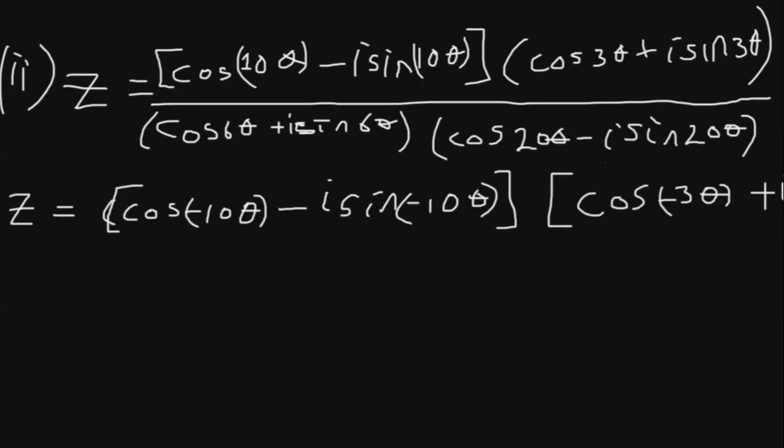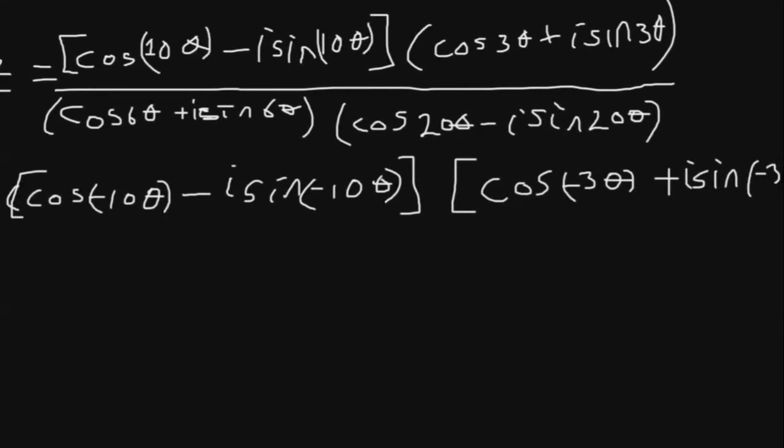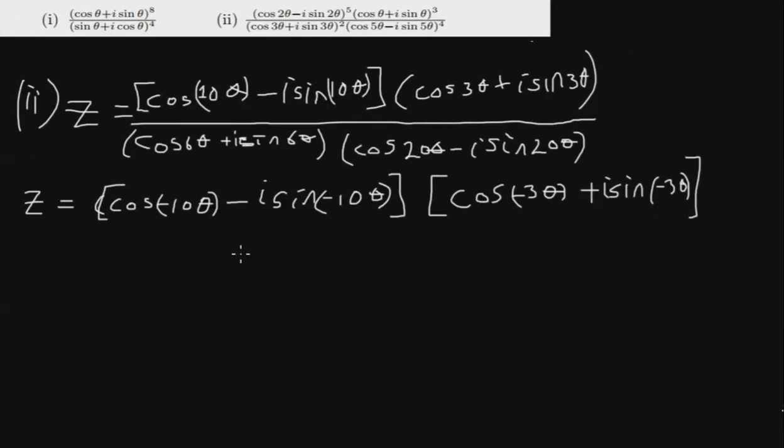So we proceed now. Let's see how we can simplify this. We want to say cos negative 10 theta is just the same as cos positive 10 theta. Yes, but again we know that sine of negative 10 theta is the same as negative sine 10 theta.